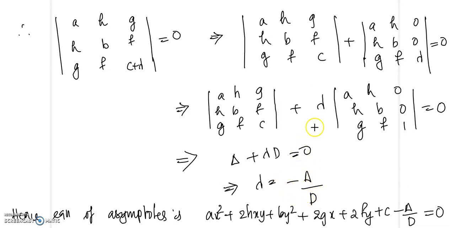So we will get the equation of the asymptote. So the equation of the asymptote will be ax square plus 2hxy plus by square plus 2gx plus 2fy plus c minus delta by D equal to 0. So that is the equation of the required asymptote.